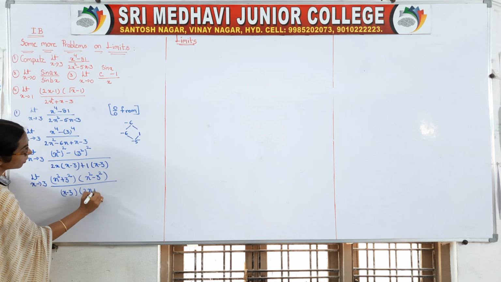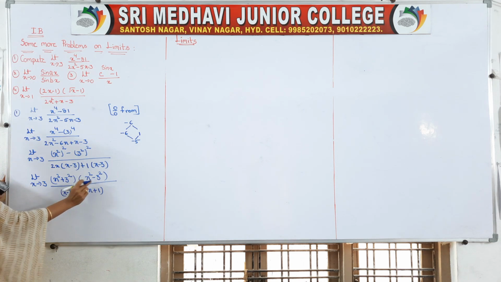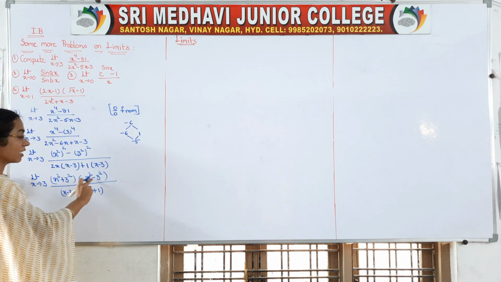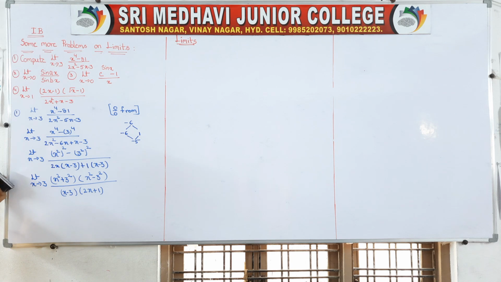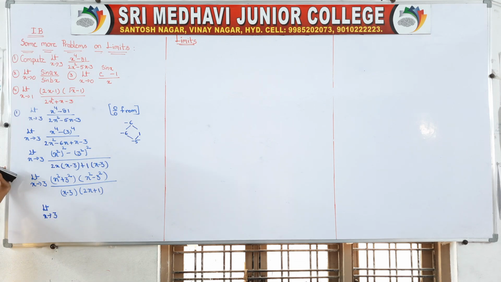Then you will have 2x plus 1. So again observe, this is again of the form a square minus b square. We can write this as (a plus b) into (a minus b). Why are we doing this? So that if there are any common terms in numerator and denominator we can cancel them.